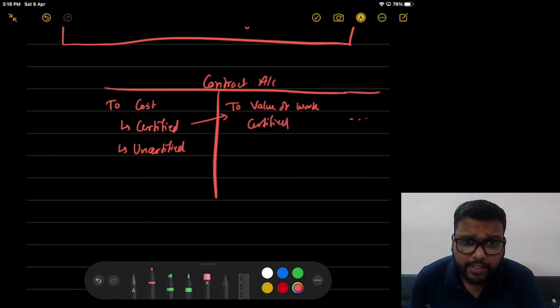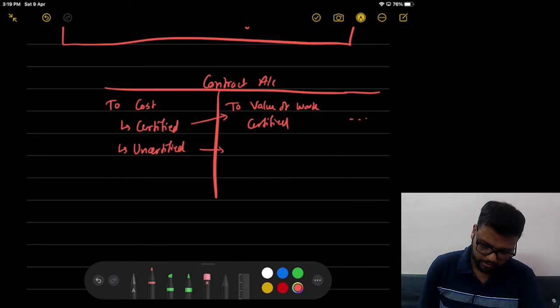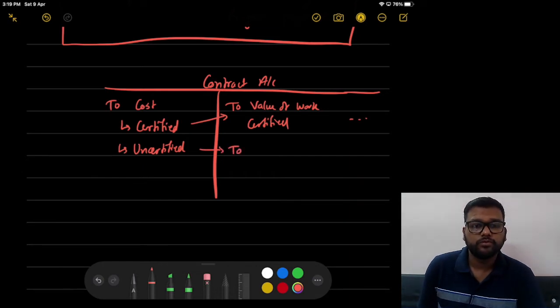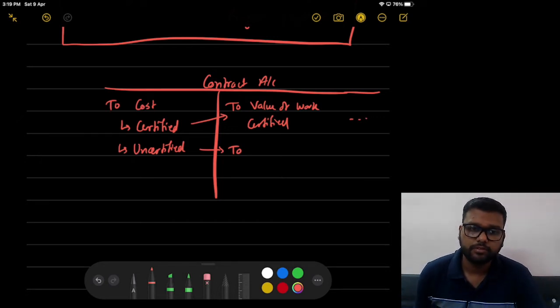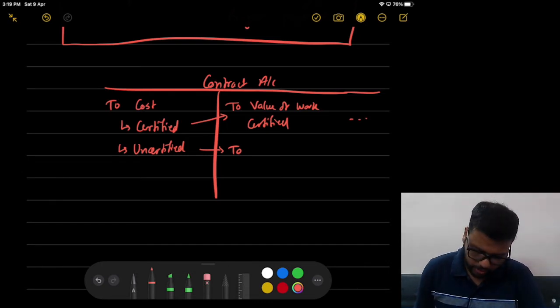And for uncertified work, what are we going to record on credit side? Value or cost? The cost, because we will reverse it.